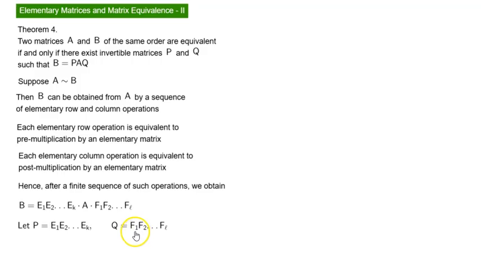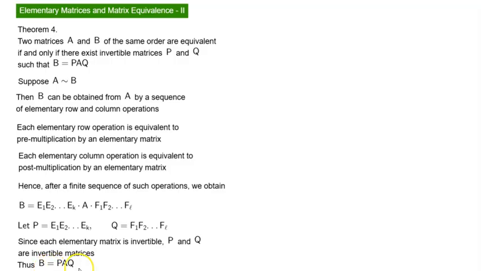And let Q be equal to the product of the post multiplier matrices. Since each elementary matrix is invertible, we see P and Q are invertible matrices. Thus, B is equal to PAQ. So, starting from A is equivalent to B, we have arrived at B is equal to PAQ.